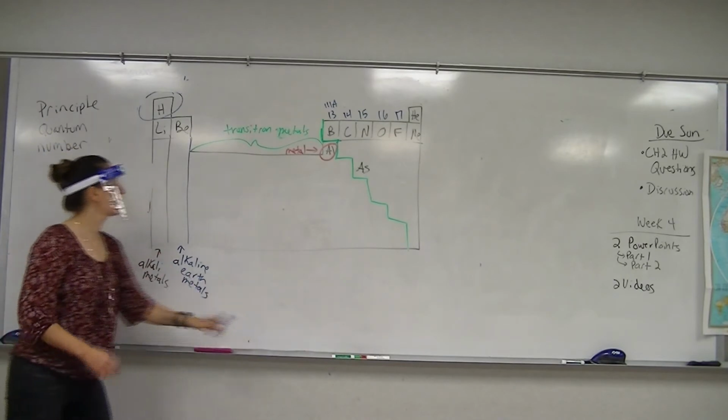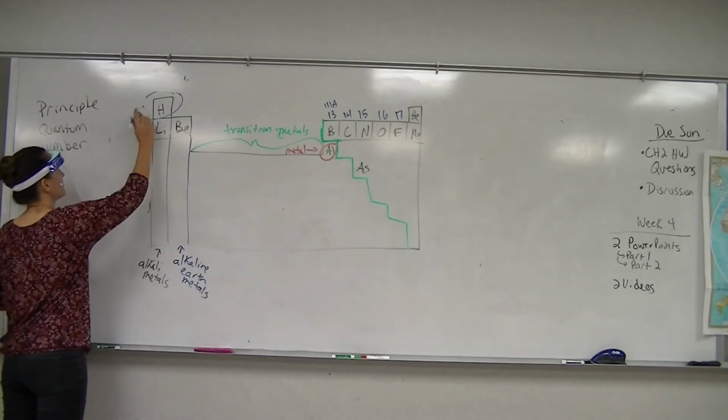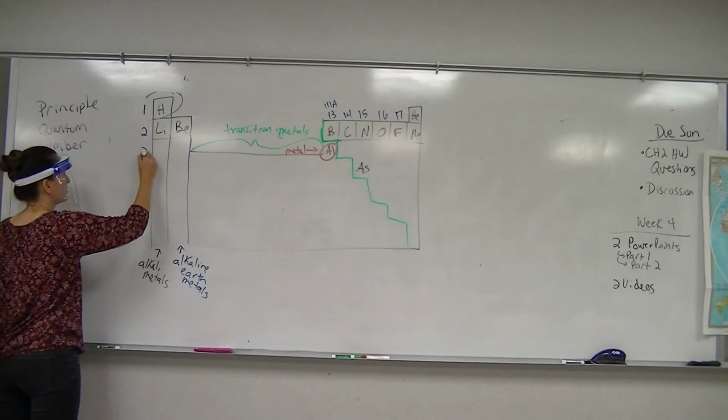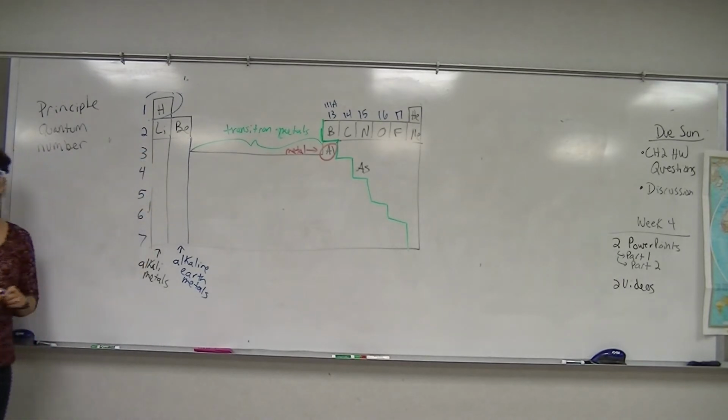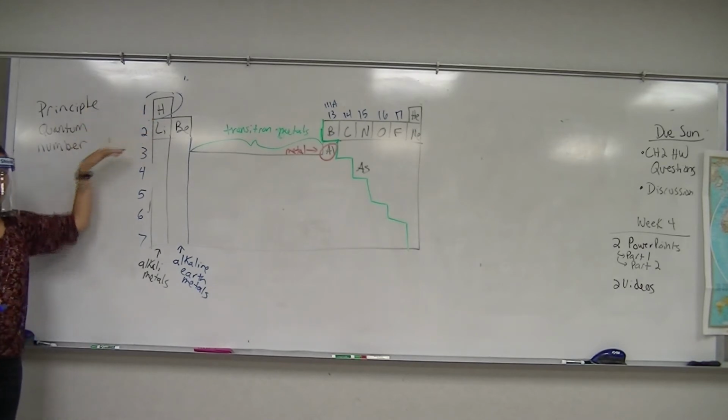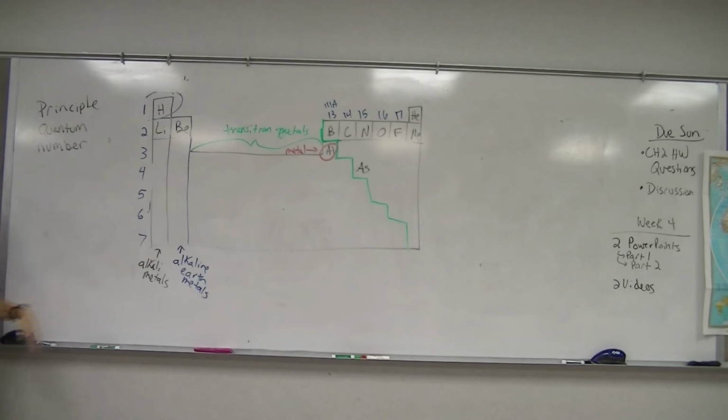So if you look at your periodic table, you'll notice that there are numbers 1 through 7 on the side. Those numbers are your principal quantum numbers. Okay? So say I use oxygen as an example, and I say, what's the principal quantum number of oxygen?